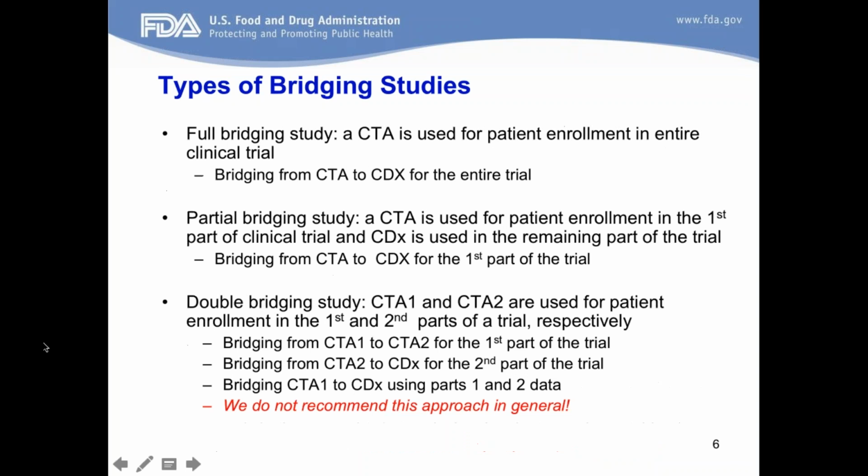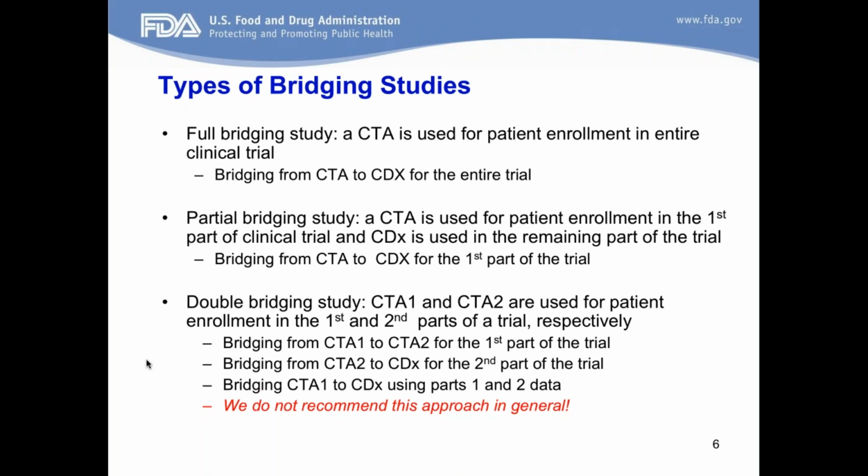So next slide, I would like to talk about different types of bridging study. I already briefly mentioned them, but again, there's a full bridging study, like the study design, then a partial bridging study, where basically in the middle of the clinical trial, the assay switches from CTA to CDX. Double bridging study, basically there are two different versions of CTA being used for patient enrollment.